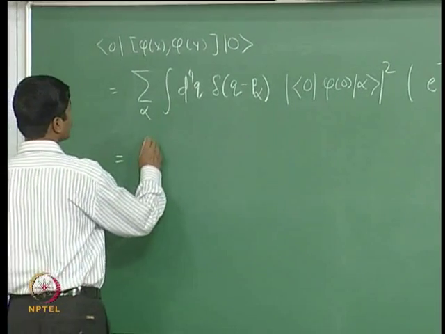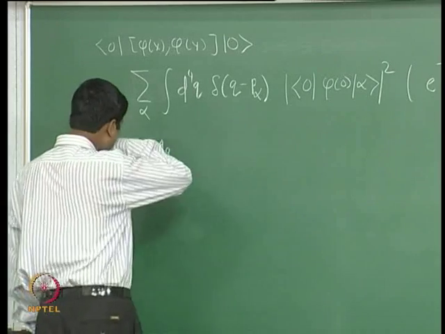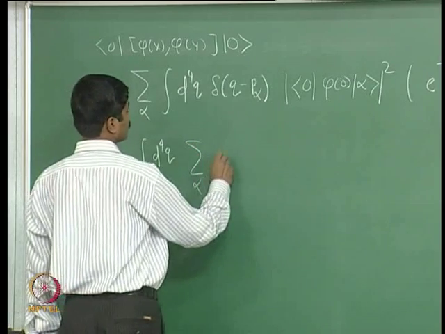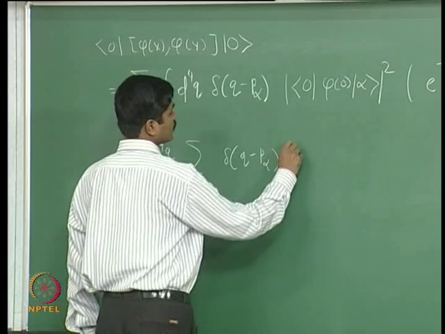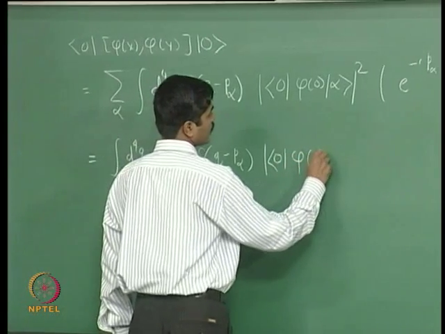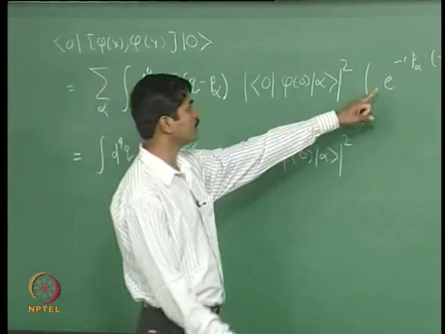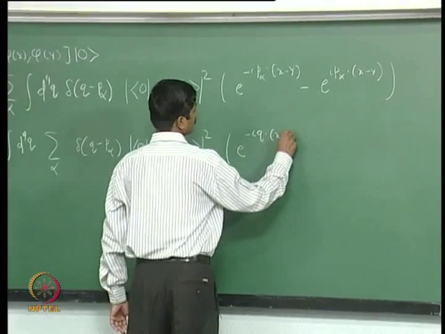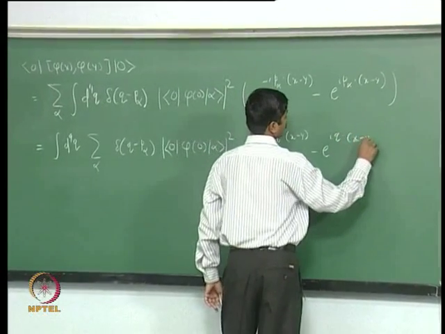So, what I get here is integration d4 q, sum over alpha, delta of q minus p alpha, mod phi of 0 alpha squared, and here you have e to the power minus i q dot x minus y, minus e to the power i q dot x minus y.